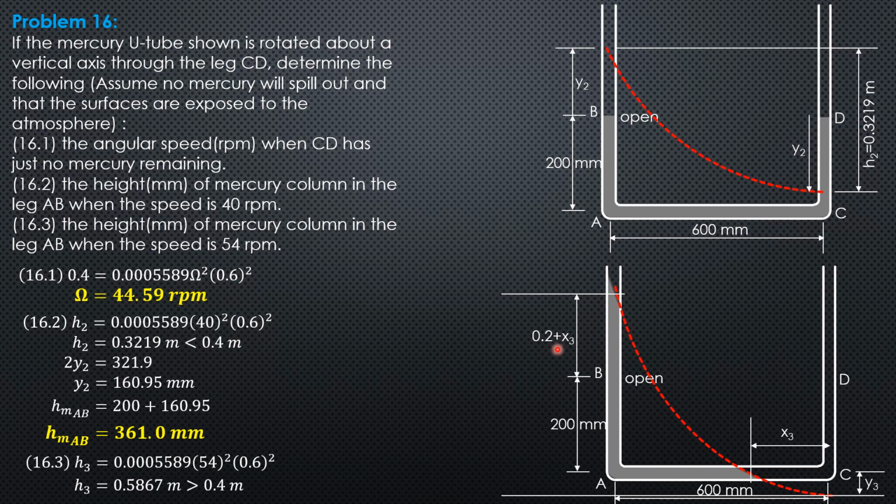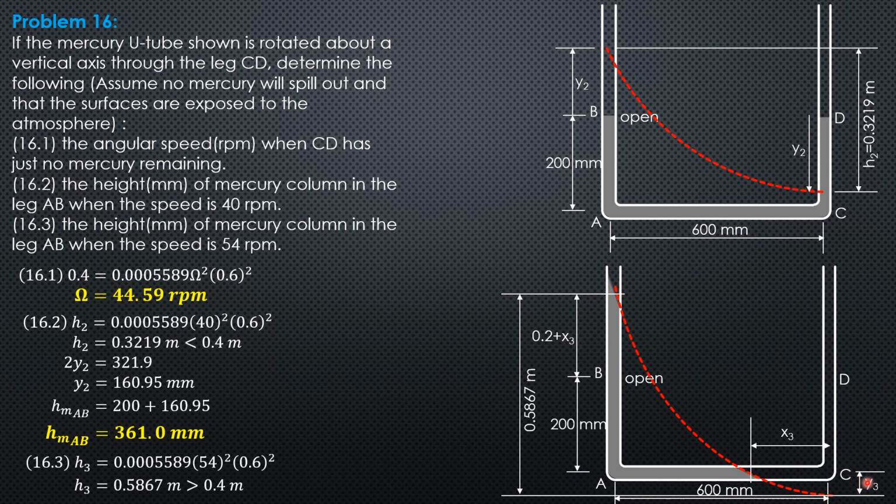Take note, this is 0.2 meter also. Then this vertical distance is 0.5867 meter. To solve for the height of mercury on leg AB, it is 200 mm plus 200 mm plus x3 mm. But we do not know x3.